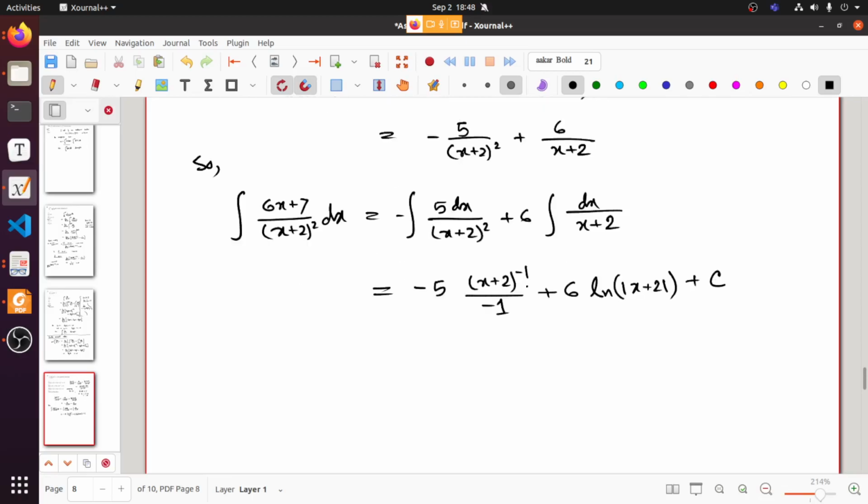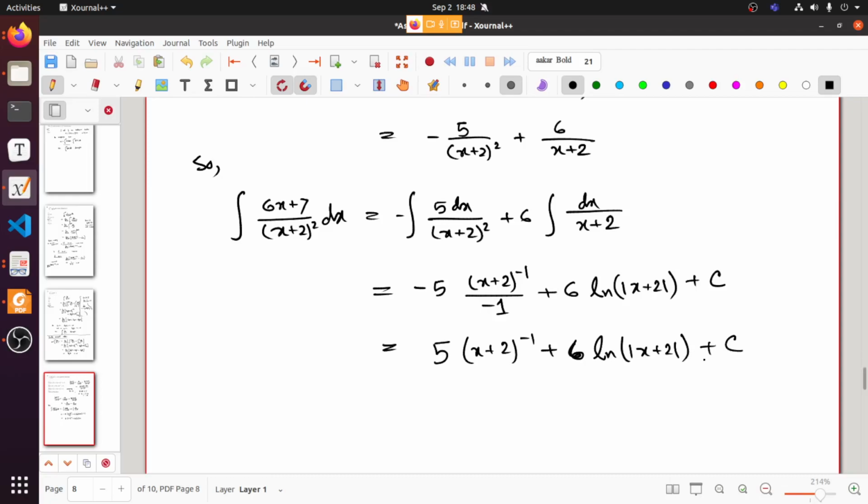So what you get is 5 times (x plus 2) whole inverse plus 6 ln of (x plus 2) plus c.